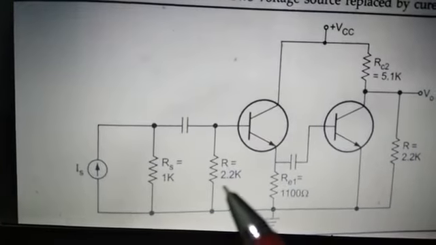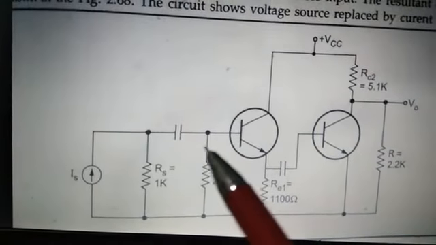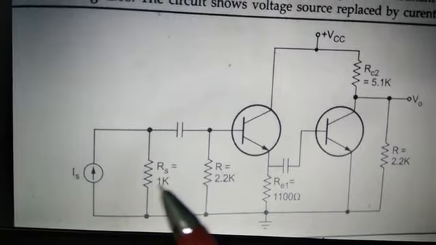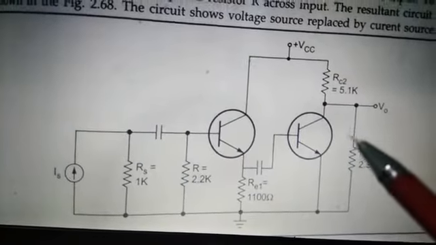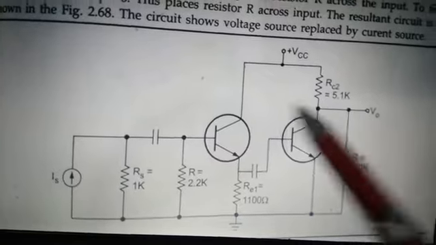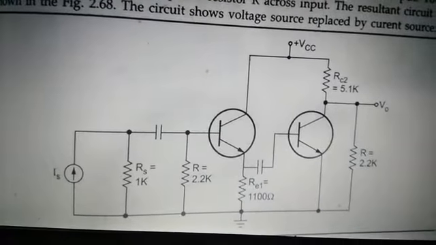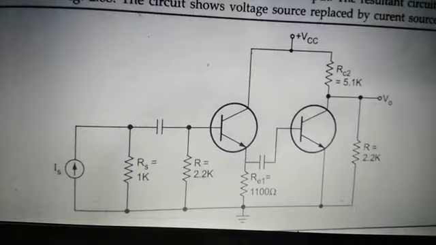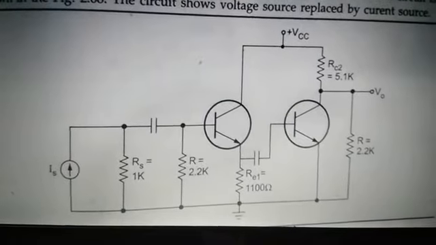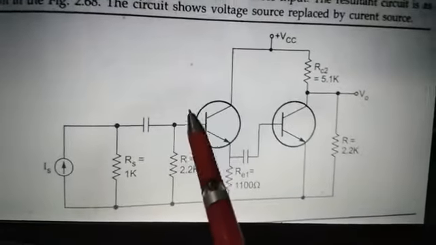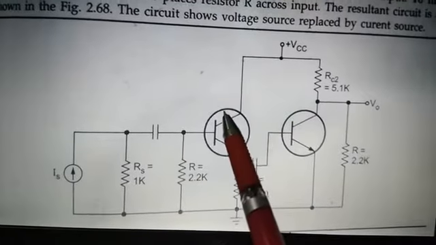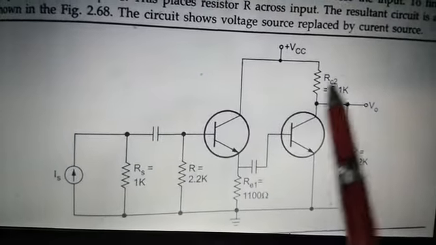So this is the input equivalent circuit, this is the output equivalent circuit, and you have got the input and output circuits. This is a very important step. Once you get these circuits, it is easy to get the parameters.